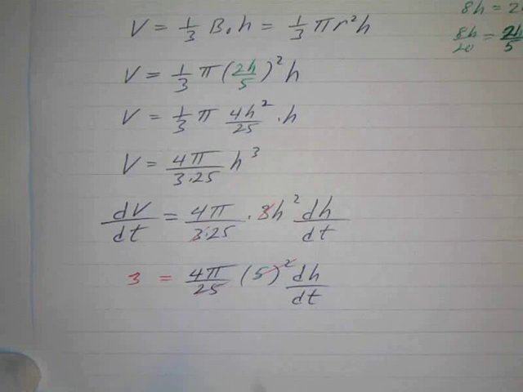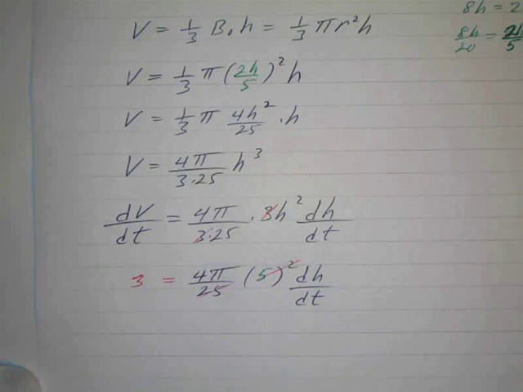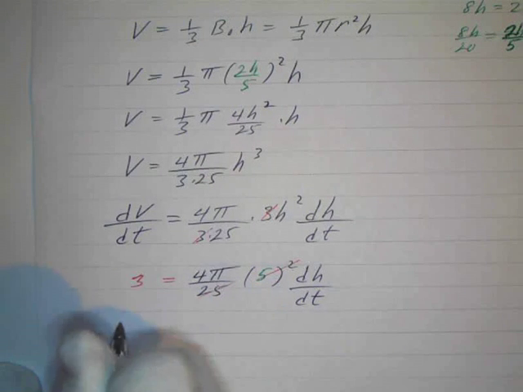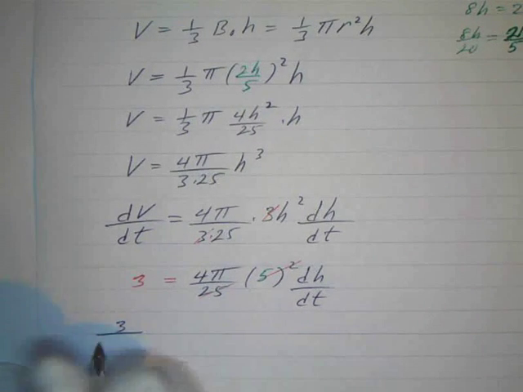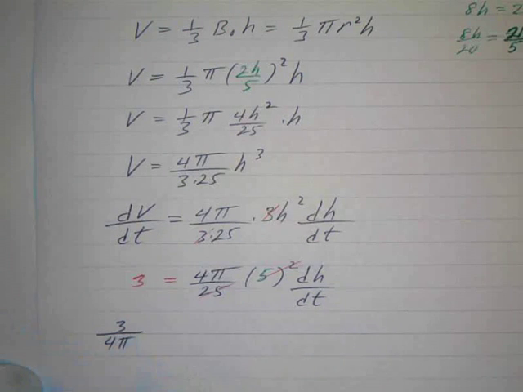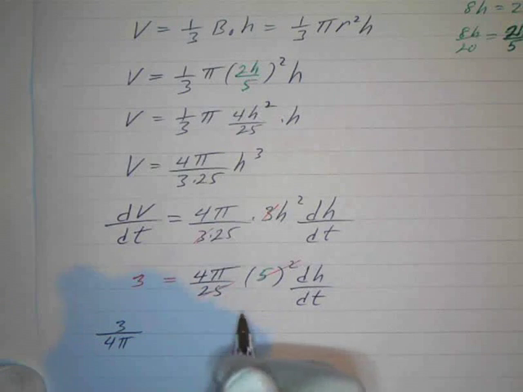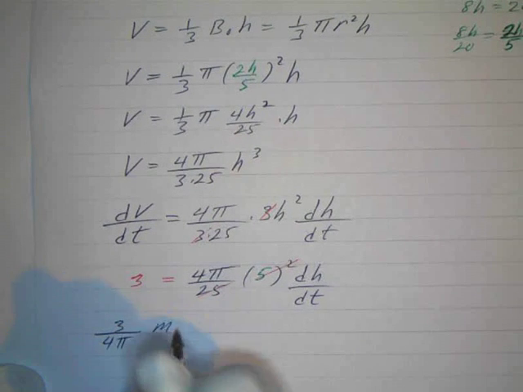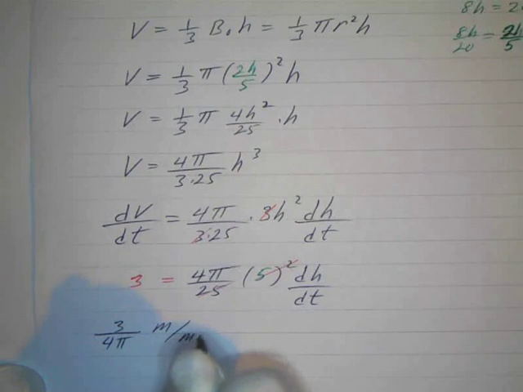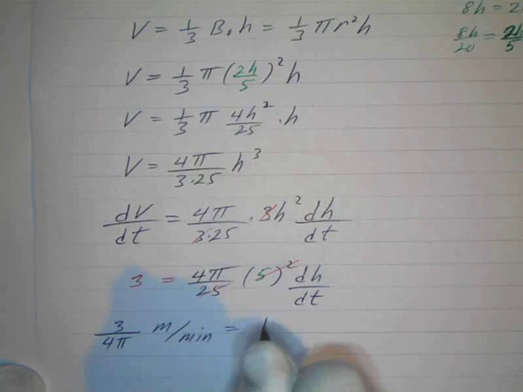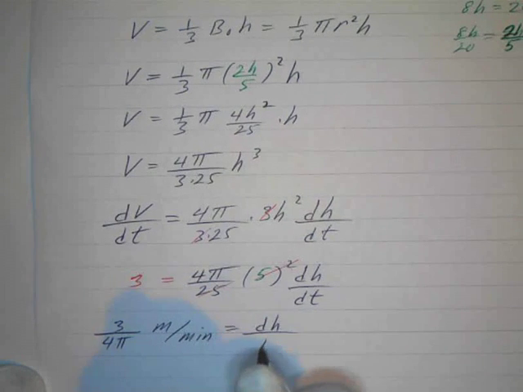So if I divide both sides by 4 pi, I've got 3 divided by 4 pi, and that's going to be in meters per minute. And that equals dh/dt.